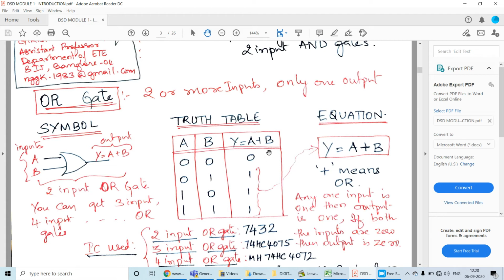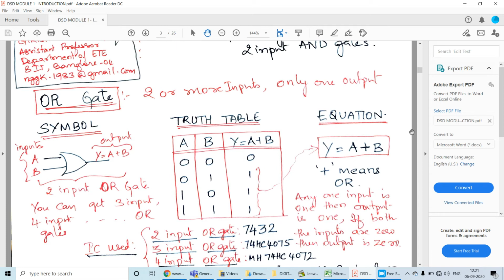If any one input is 1, then the output is 1. So 0 or 1 is again 1, 1 or 0 is again 1, 1 or 1 is again 1. Therefore all three combinations are 1 because any one input is 1. Whereas when both are 0, then the OR gate output is 0.